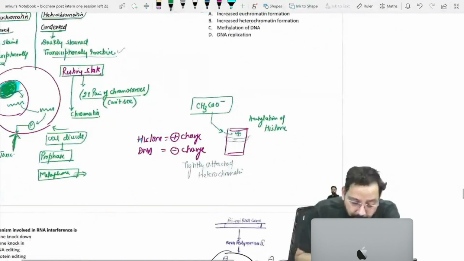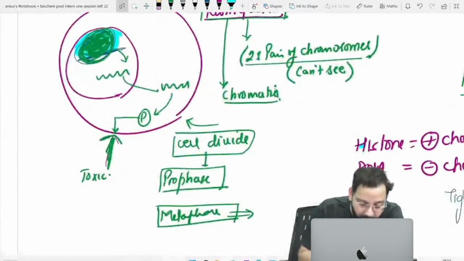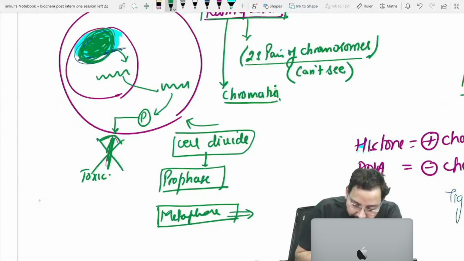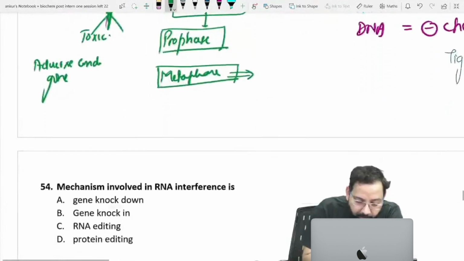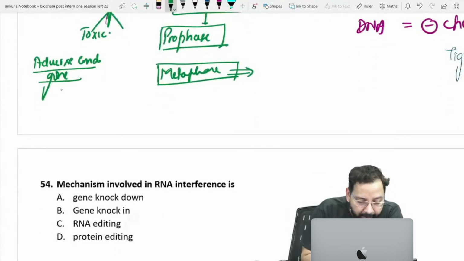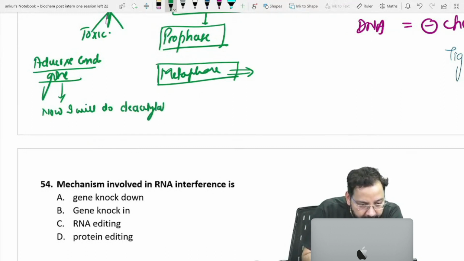Now suppose this adverse condition is gone. The toxic adverse condition is gone. Now you don't require this protein. So I will do deacetylation of histone.